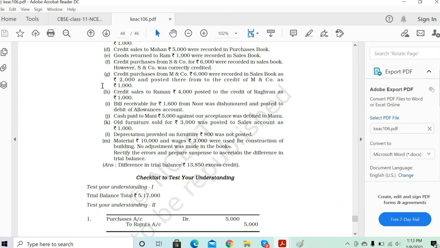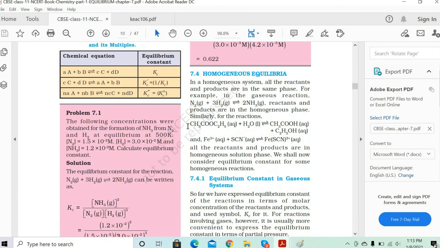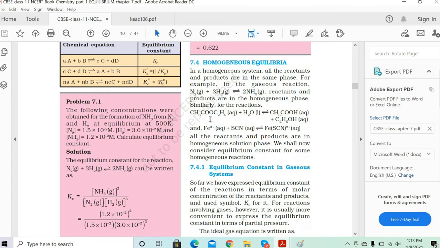Okay, fine. So let's go to homogeneous equilibrium now. Write down the reaction N2 plus H2 gives NH3, balance it out, and write down the next reaction: CH3COOC2H5, ethyl acetate. When you do the hydrolysis of it, it gives you acetic acid and the alcohol. Write down two reactions, then I'll explain to you.